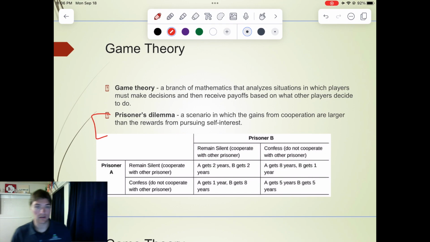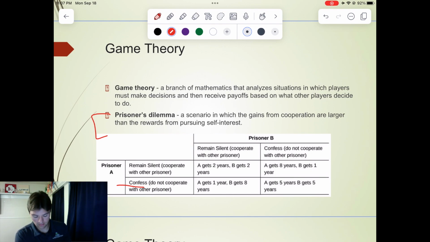And the investigator comes in and says, hey, person A, if you confess, you can either get 1 year or 5 years. And the only reason you would get 1 year is because prisoner B remains silent. Basically, who's going to confess to this crime?